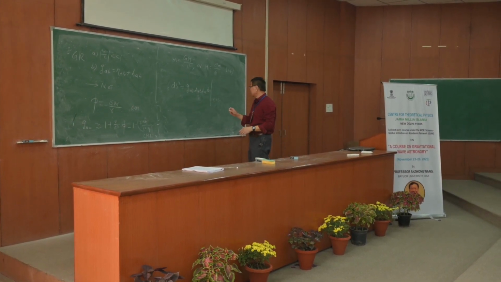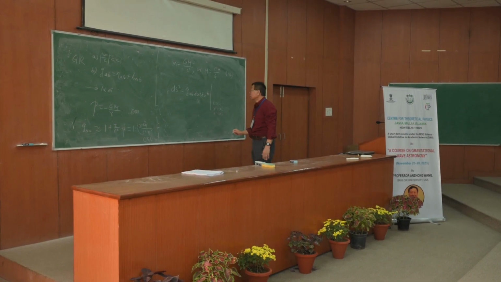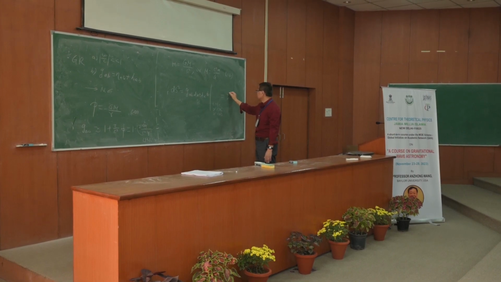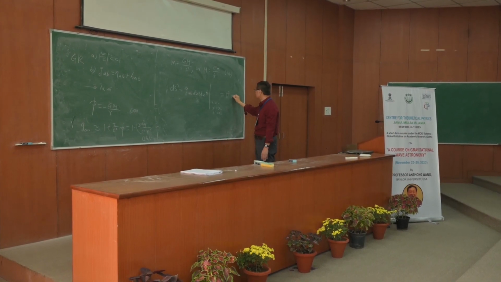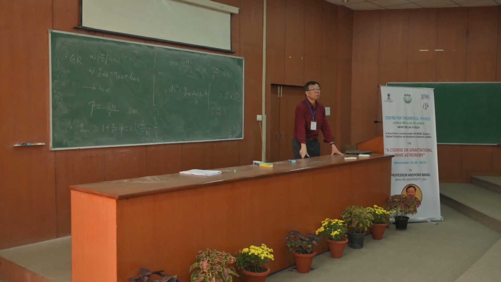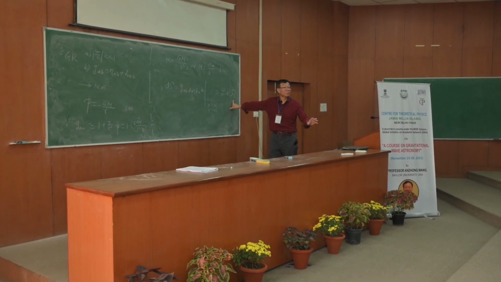Then I consider x1 equal to a constant, x2 varying. I know my solution should be a constant multiplied by d omega, because this tells me I have spherical symmetry.